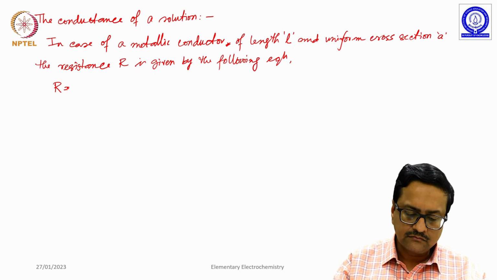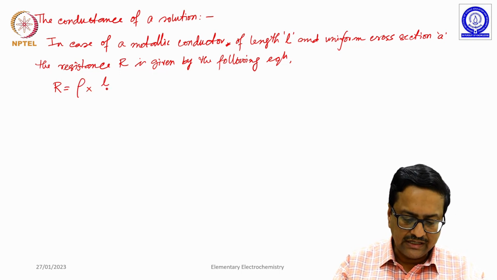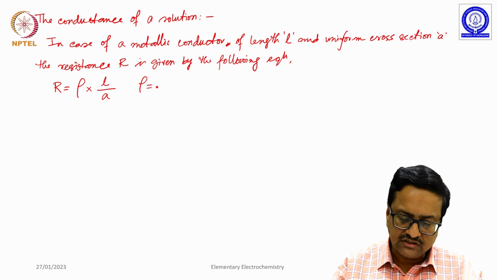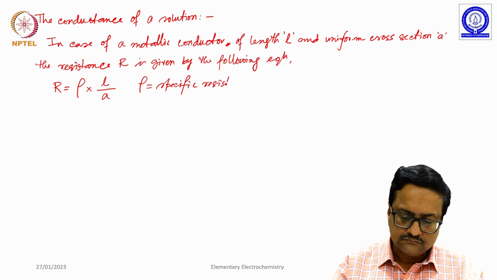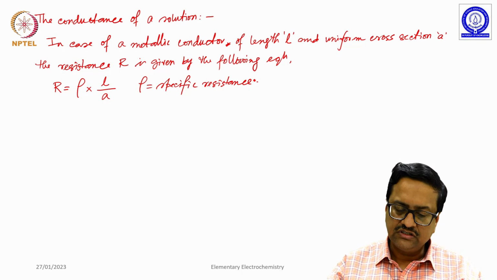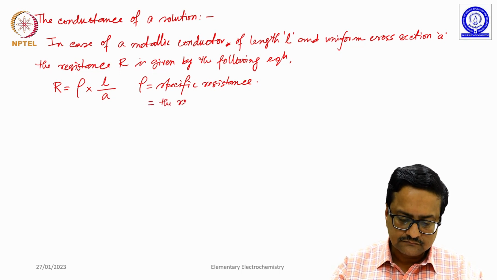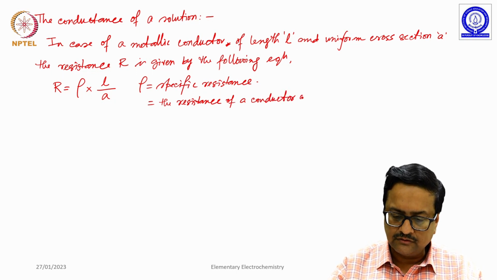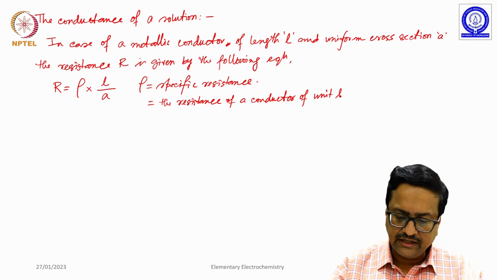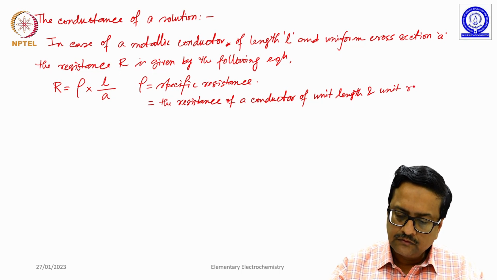R equals rho into L by A, where rho is called the specific resistance, which is equal to the resistance of a conductor of unit length and unit cross section.